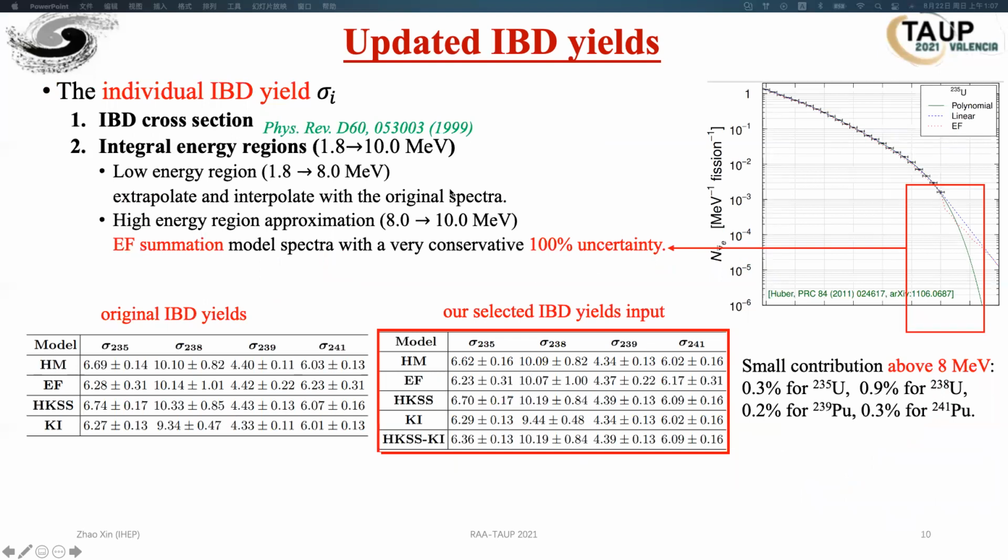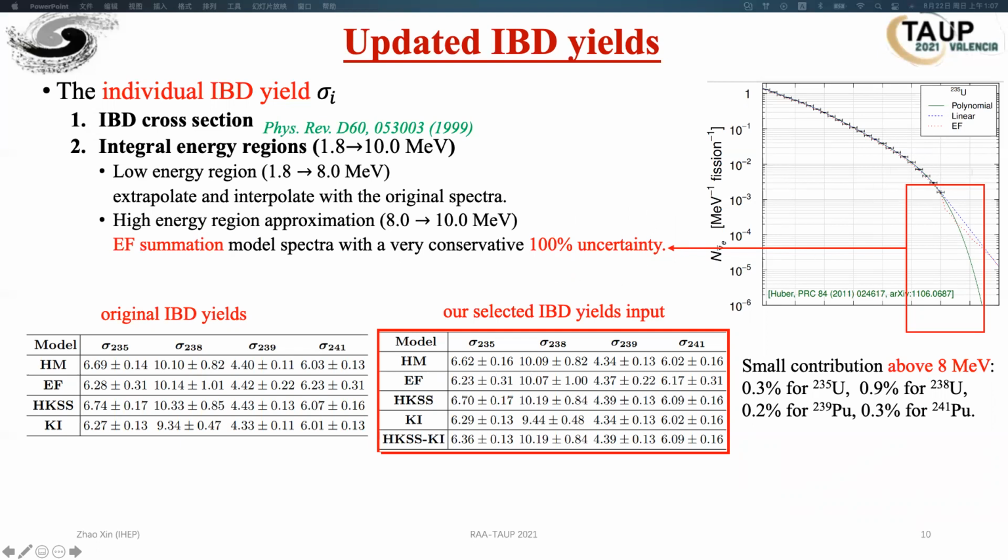And for the integral range, all the models in our work give the spectrum below 8 MeV. However, only the EF model gives a high energy spectrum. And thus we consider the EF model's high energy spectrum with 100% uncertainty for all models.